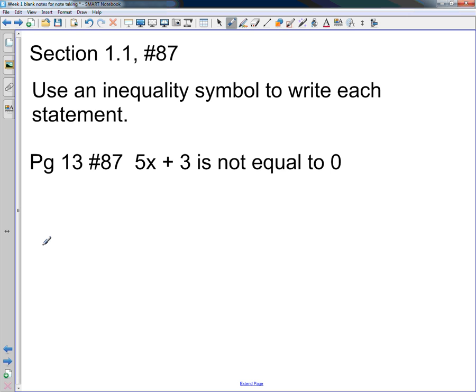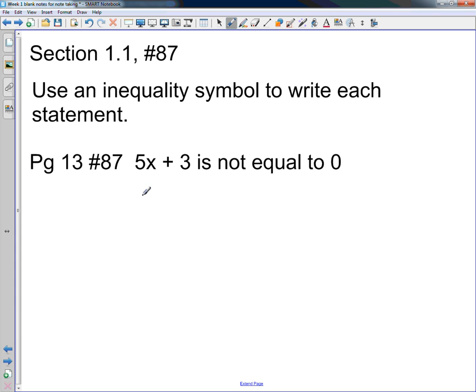Okay, continuing in section 1.1, this is number 87. The directions say use an inequality symbol to write each statement. Now, inequality symbol, we sometimes only think of the less than, the greater than, less than or equal to, and greater than or equal to. But you want to also include the not equal sign.